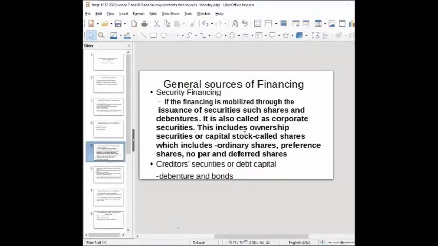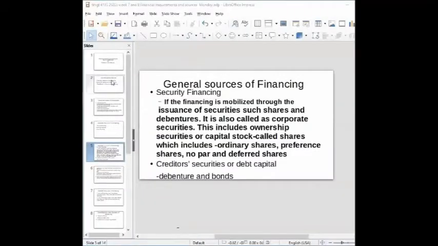This includes ownership securities, or capital stock, and creditorship securities, or debt capital.